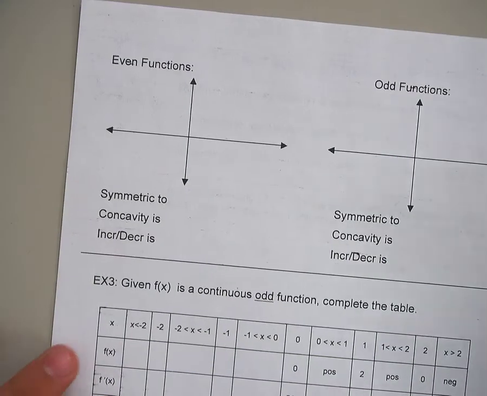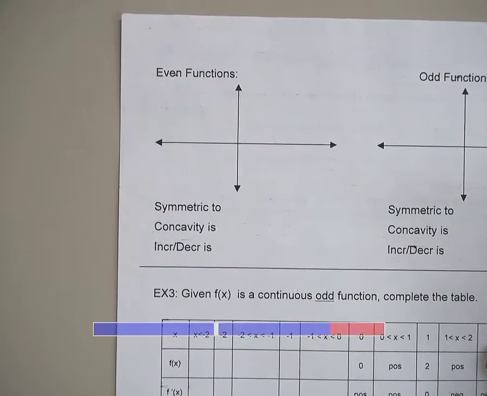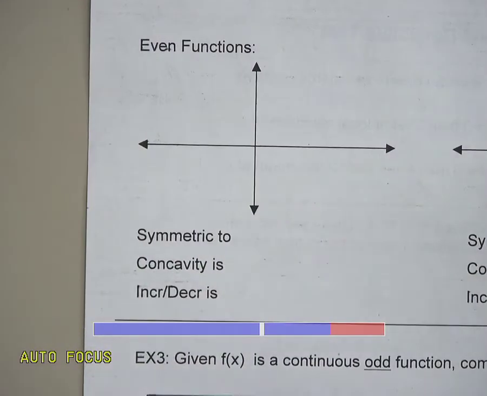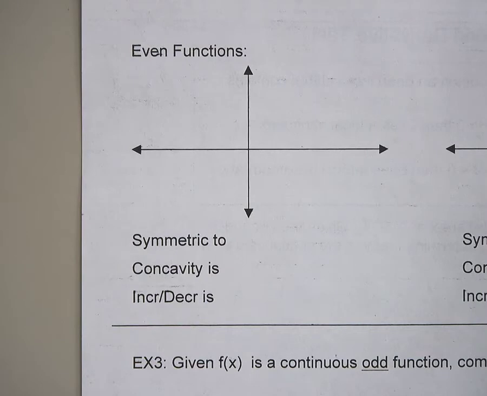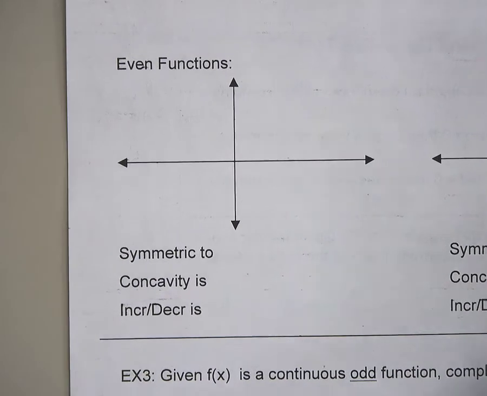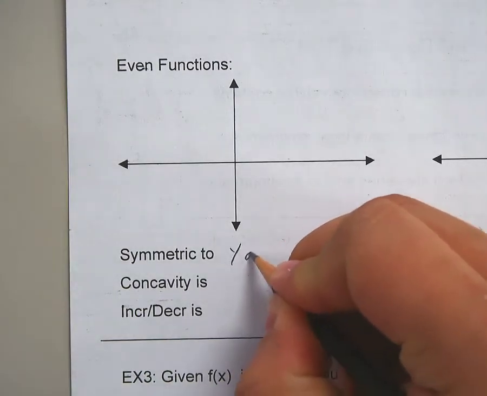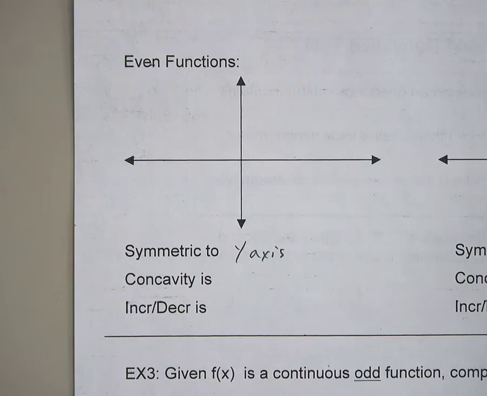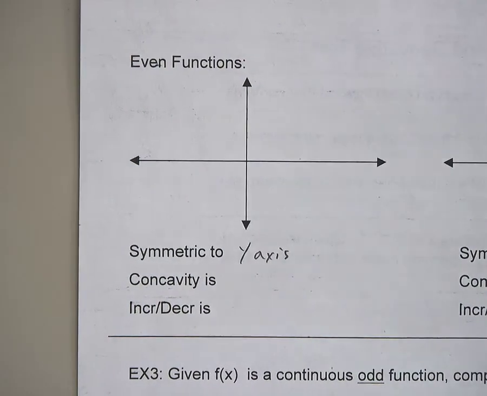Okay, let's go to the back here. Zoom in. Even functions, if you will remember, are going to be functions that are symmetric to the y-axis. They also usually have even powers on them, like x squared, x to the 4th, x to the 6th.